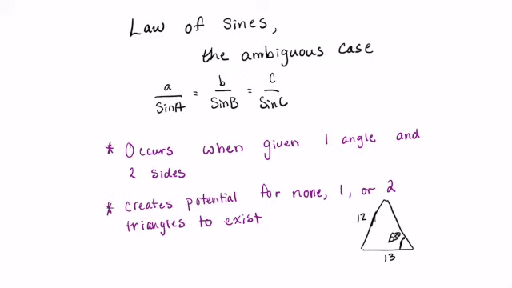Well, we could have multiple triangles that have that type of setup. We could have another one where maybe this was 12, this was 13, so 12 and 13 and 63. So a couple of different triangles could exist where that third side is a different length and the angles are different. So that's the ambiguous case.